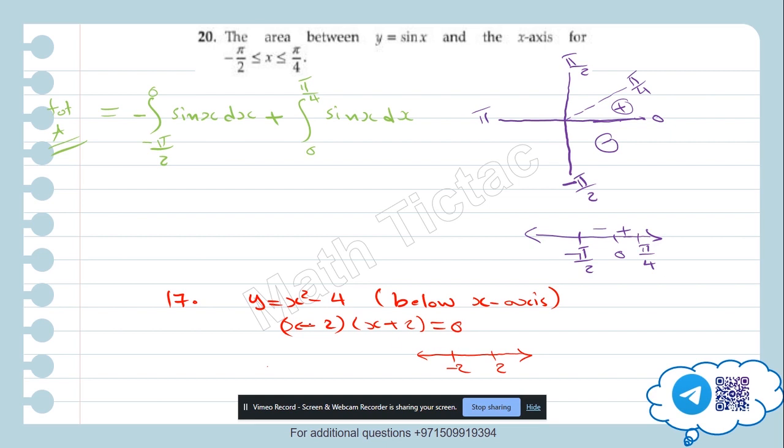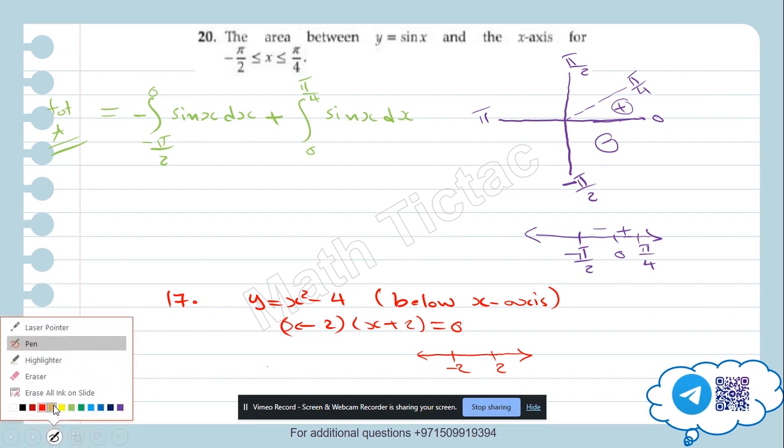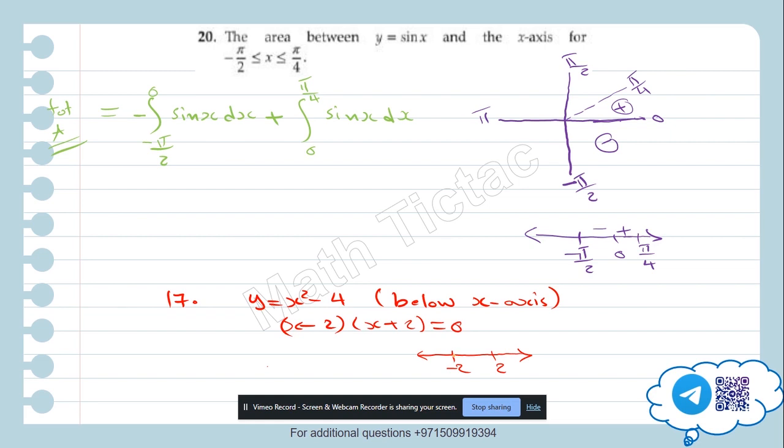So if you substitute the values, they will be over here. Okay, so let's take minus 3. Minus 3 minus 2, this is negative, minus 3 plus 2, this is also negative, so negative times negative is positive. This is negative, this is positive. If you take 0, for example, 0 minus 2, yes, this is going to be negative, negative times positive.